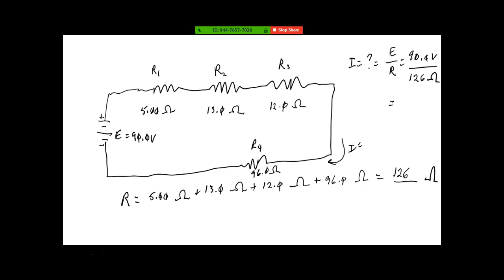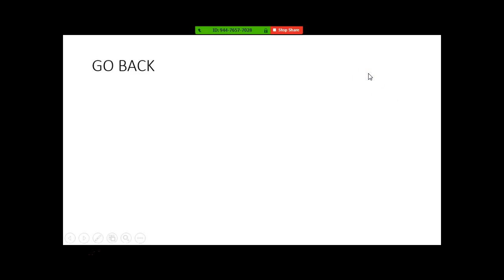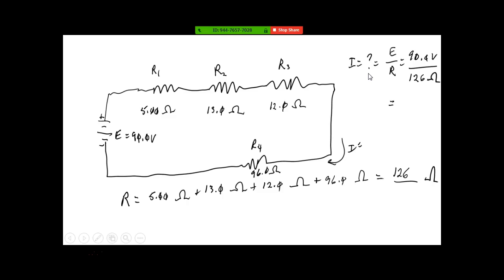I won't do that one in my head. I can't find it. There it is. Thought y'all would already have it before I even got it typed in. What did you get? Anybody? 90 divided by 126.